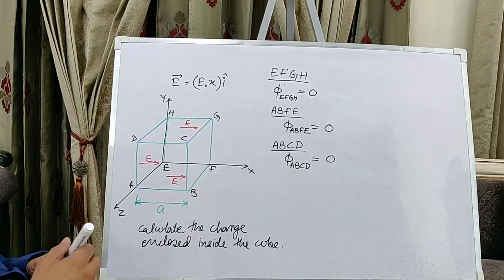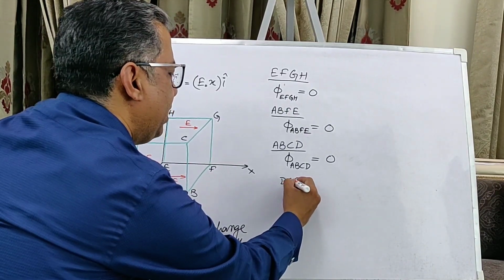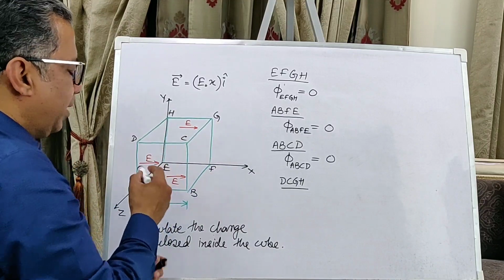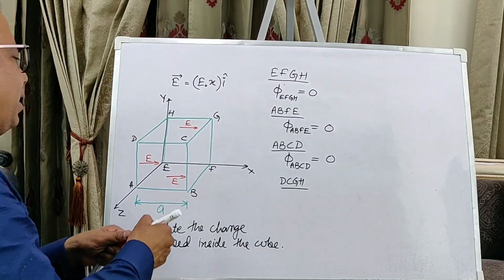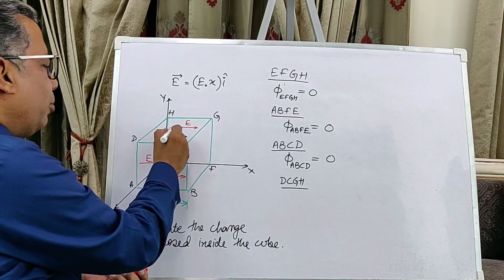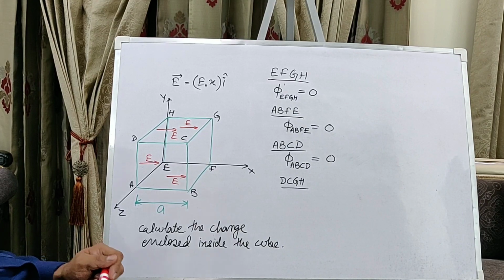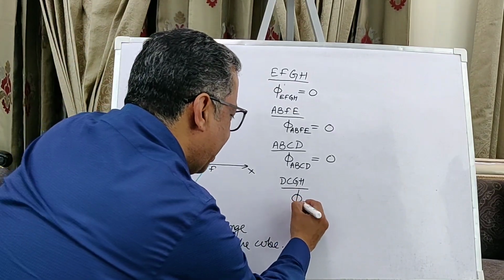Let's now calculate the flux through BCGH. BCGH is this top surface here. Again, if you look at the electric field on BCGH, it will also be tangential to this surface, and so the flux through it is 0 as well.